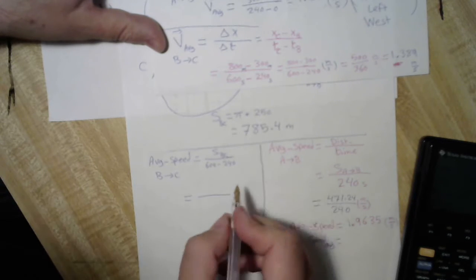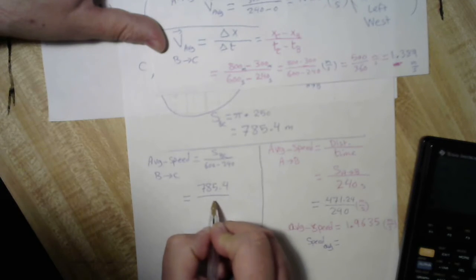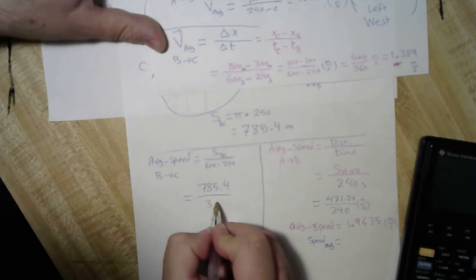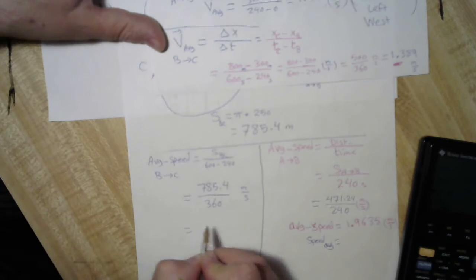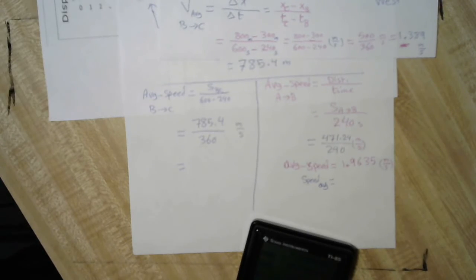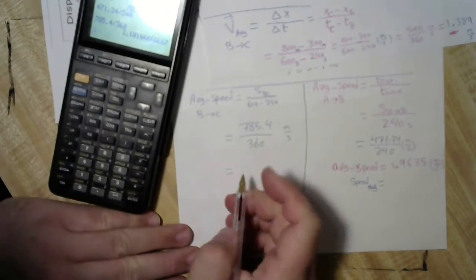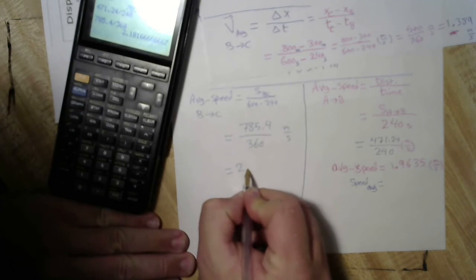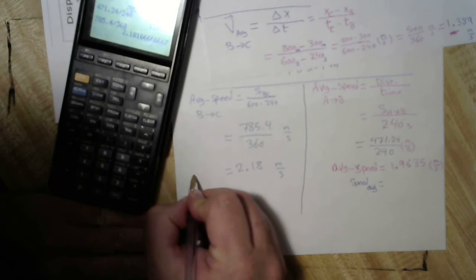SBC is 785.4 divided by 360 meters per second, which is equal to approximately 2.18 meters per second. This is the average speed from B to C.